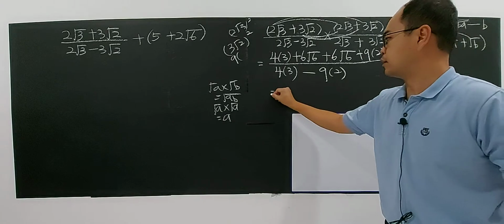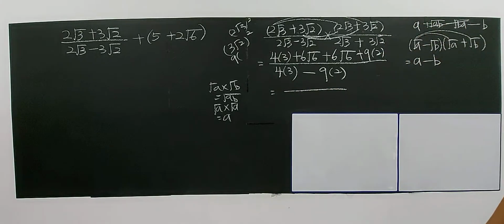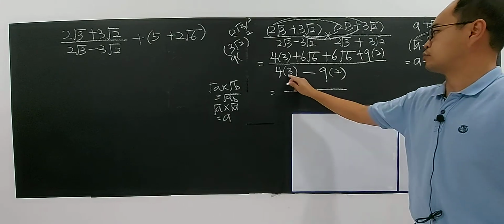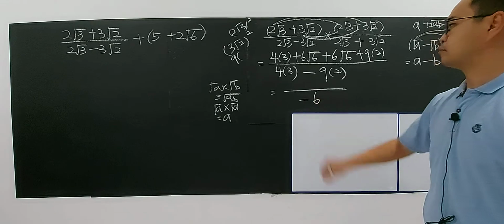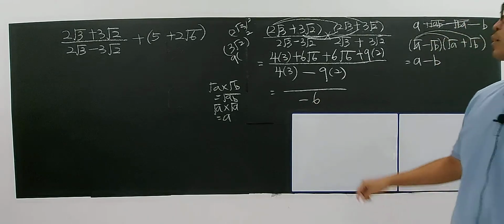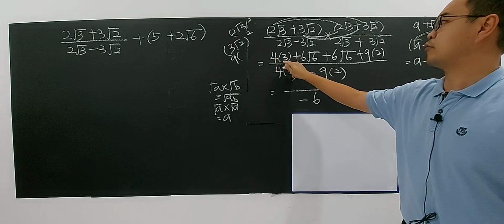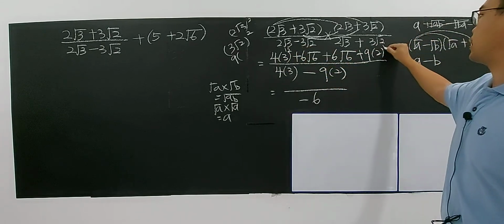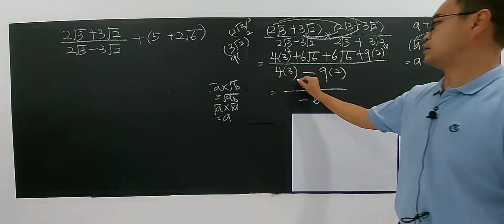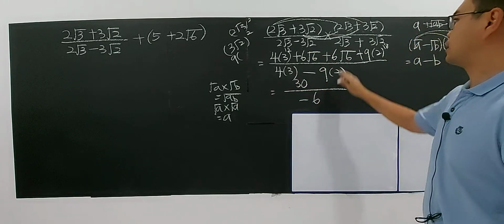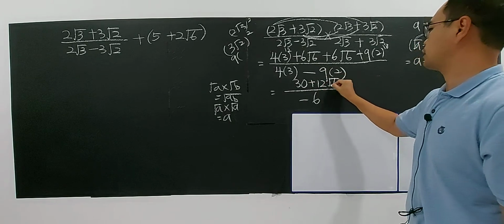Now I simplify. 4 times 3 is 12. 12 minus 18, you have negative 6. For the numerator, 4 times 3 is 12, 12 plus 18 will be 30, and 6 square root of 6 plus 6 square root of 6 you have 12 square root of 6.